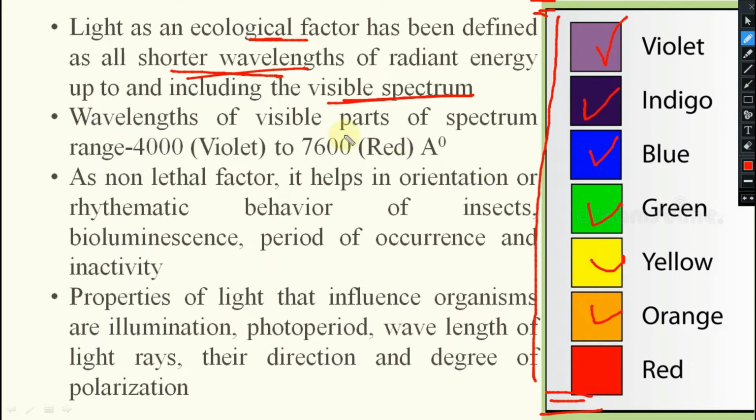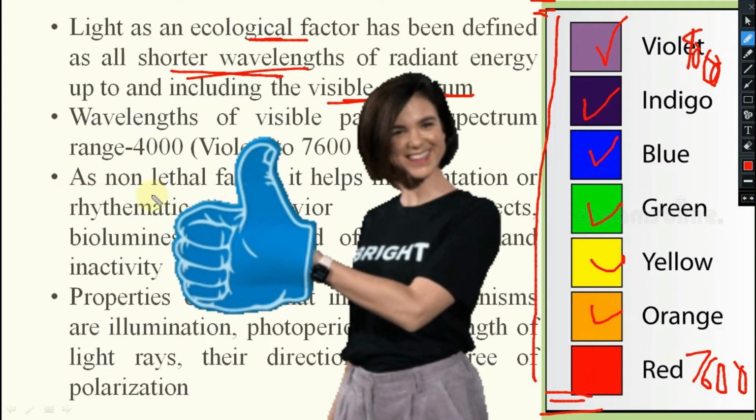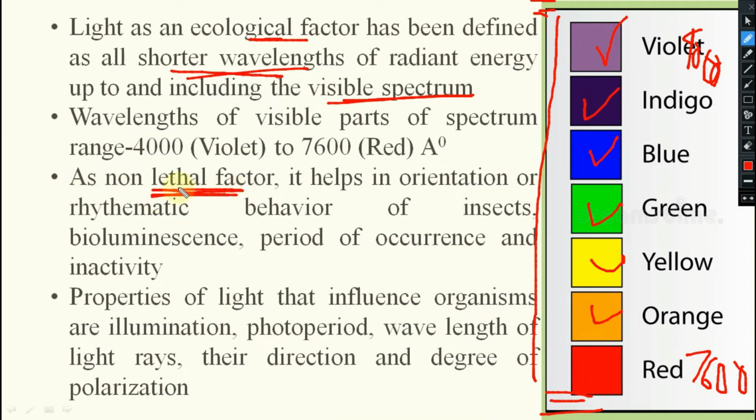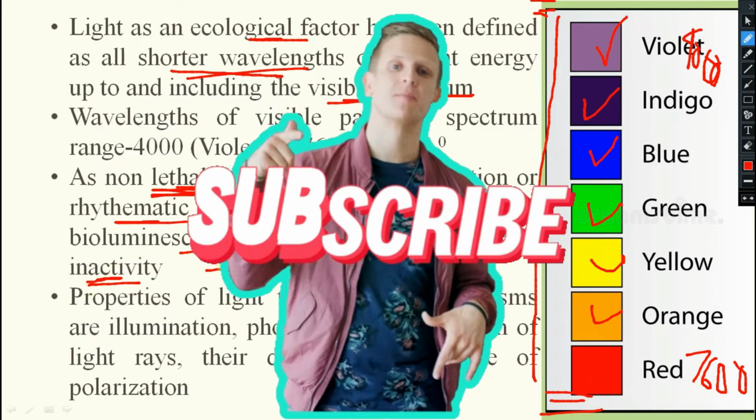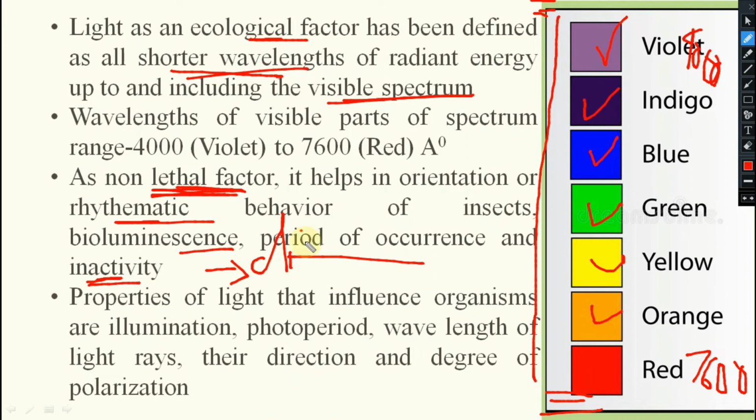The wavelength is about 4000 to 7600 Angstrom. It is a non-lethal factor; it won't kill any organisms. It helps in orientation or rhythmic behavior of insects. It affects bioluminescence, period of occurrence, and also inactivity, that means it may induce diapause in insects.